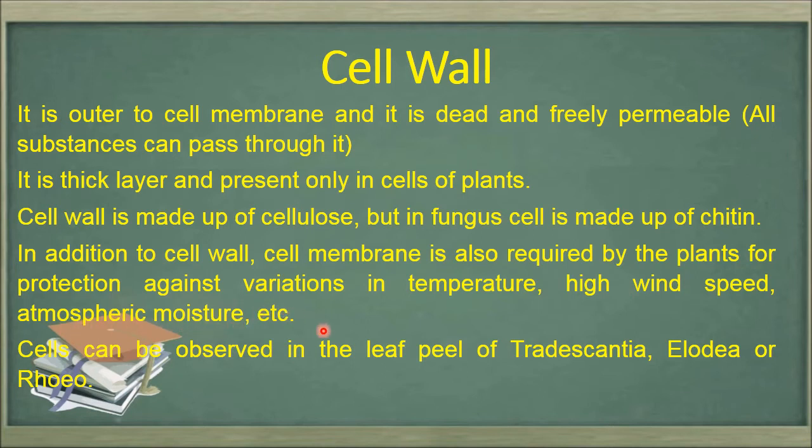As we have talked earlier, the cell membrane is present in both plant cell and animal cell, but in plant cell, along with the cell membrane, there is an additional layer of cell wall, which is a dead and freely permeable layer.